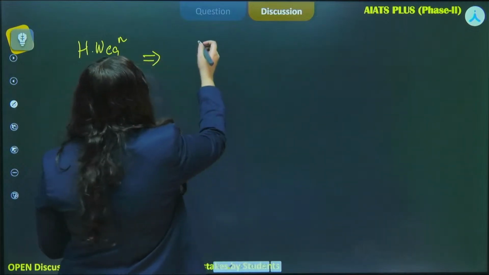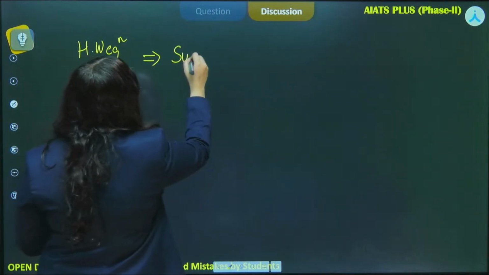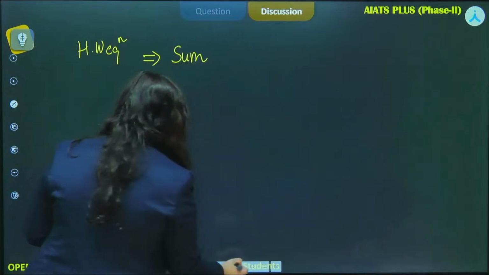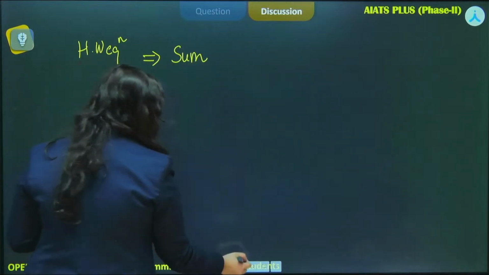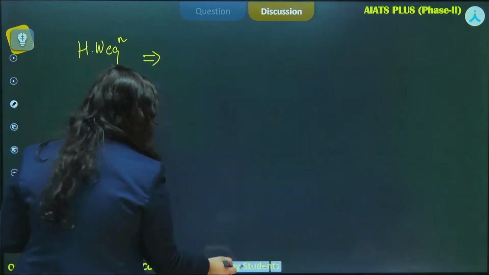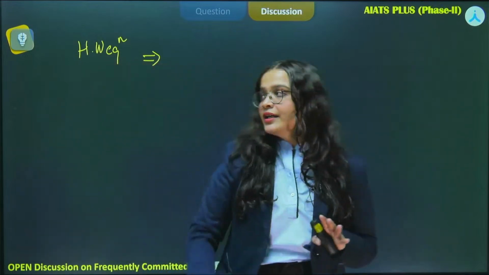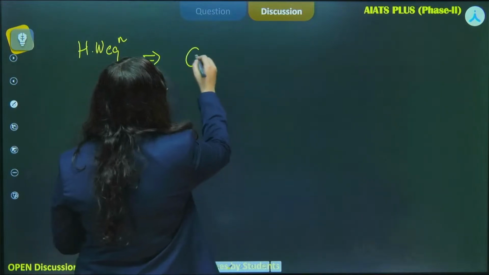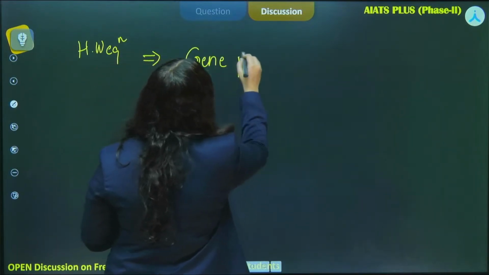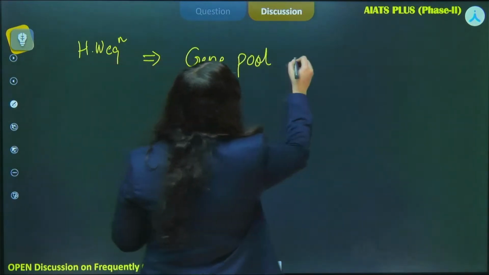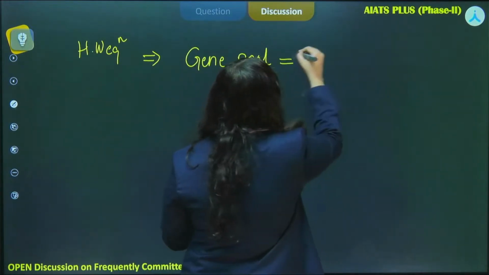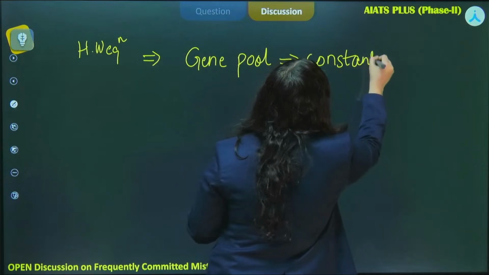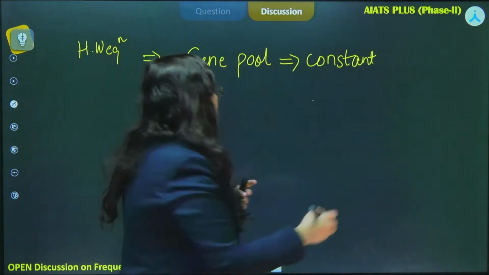So let's continue. They said that the gene pool of a particular population which is experiencing no evolution will remain constant, or it will remain in equilibrium.